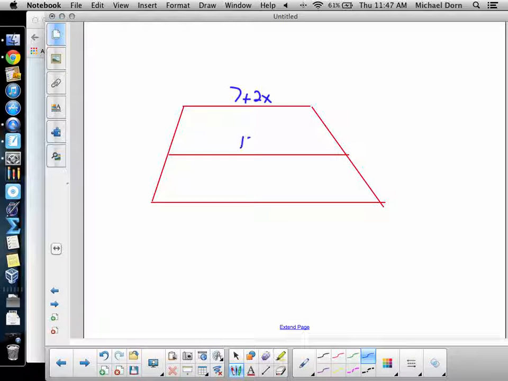We had 17 and 27. If I know 2 out of the 3 sides, I'm not going to generally bother with a big formula because the algebra is going to be messy. I'm just going to look and say, oh, 27, 17, this has to be 7, right? So 7 plus 2x has to equal 7. And there's all the algebra I have to do. X is going to have to be 0 in that case, isn't it?